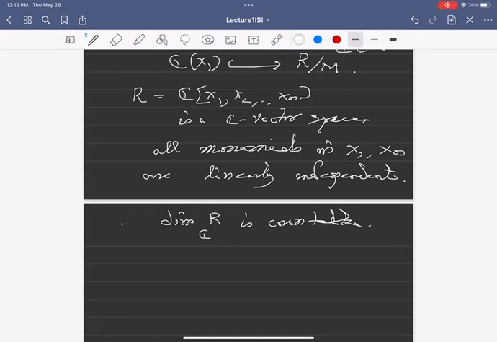Therefore, the dimension of this polynomial ring over the complex field is countable. It is not finite. It has countable dimension. Okay. When I take the quotient of a vector space which is of countable dimension, what can you say about the quotient space?